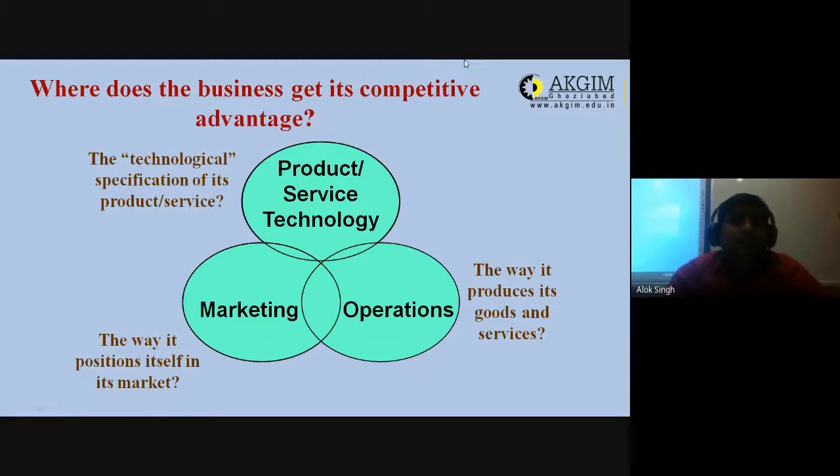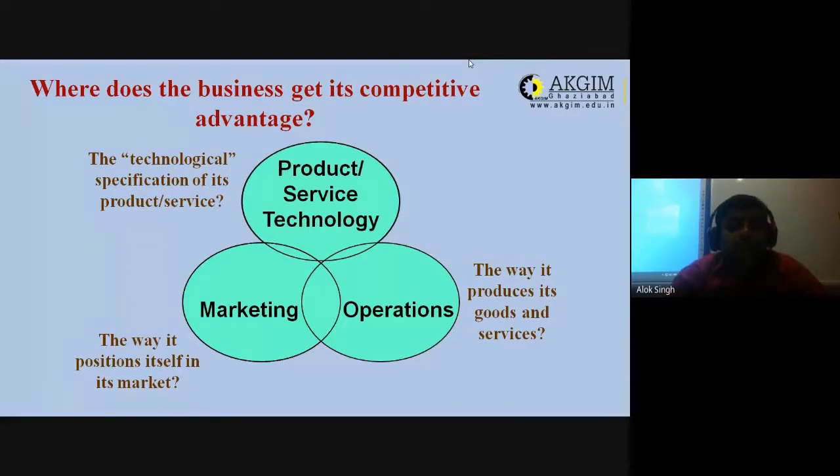Similarly, production processes also vary from developing country to developed country. Some countries are capital intensive, some countries are labor intensive. In a labor intensive country, most of the processes and technology are labor intensive.